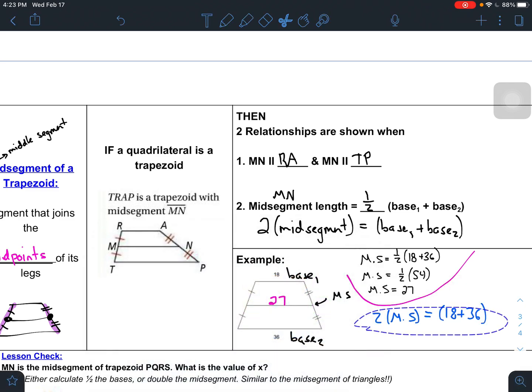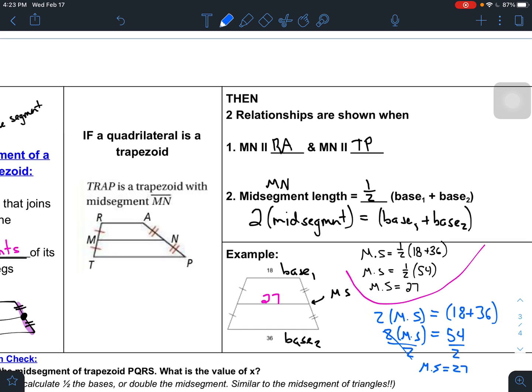I'll change the color here. 2 times the mid-segment is going to equal 54. You're dividing by 2 anyways in this problem, but even so it's still solving the same problem, still solving for the same length, just looks different. Our mid-segment still equals 27.